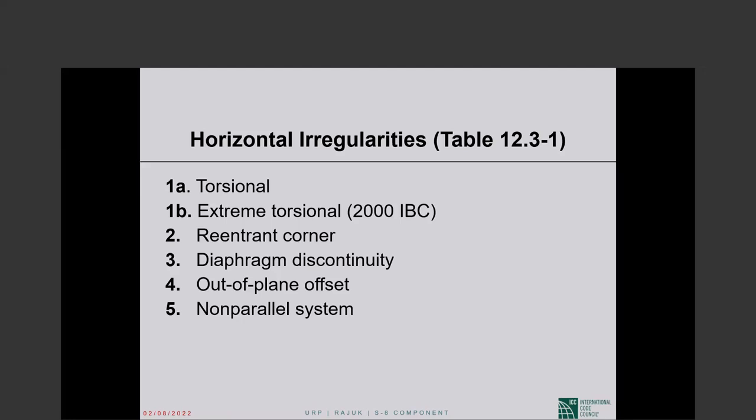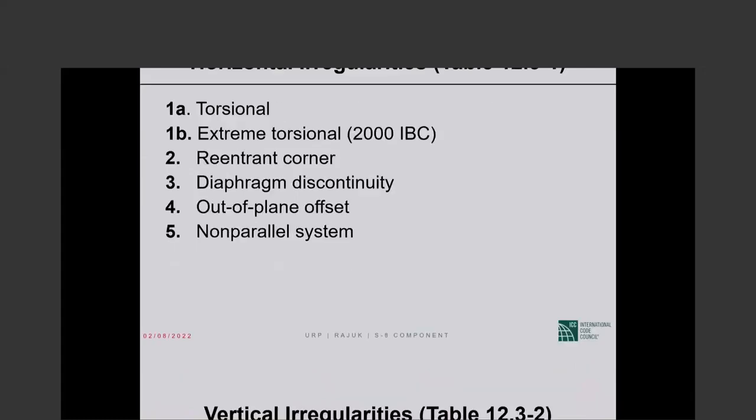I want to take you through basically all of that. What is the definition, and what does ASCE 7 ask you to do if you have that particular type of irregularity?